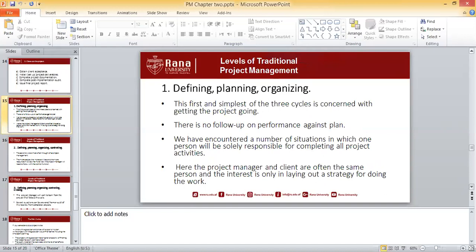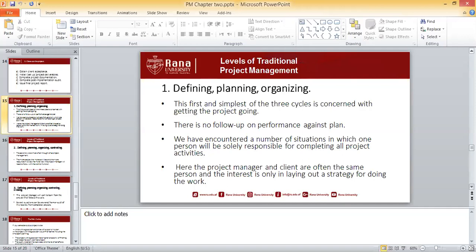This level is specifically followed by those projects where the project manager and the client are the same person. Dear students, let me elaborate on this function with the help of an example. And that example is a one-man show, right? A lot of students, what does one-man show mean?